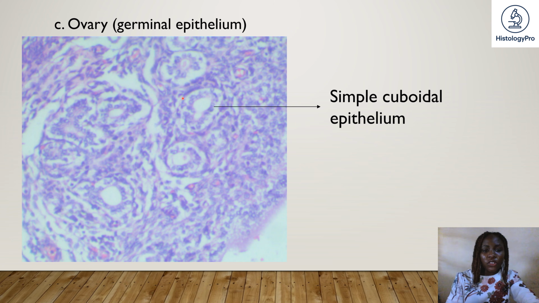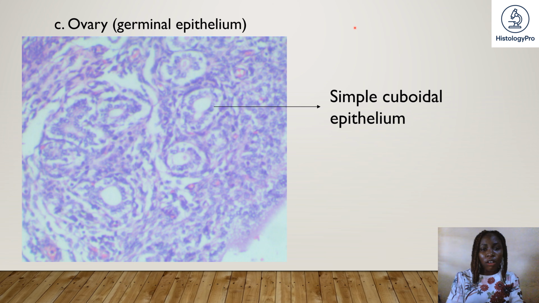In this histological slide, known as the ovary, we can simply identify the simple cuboidal epithelium. Simple means one layer, so each lumen is lined by one layer of epithelial cells.